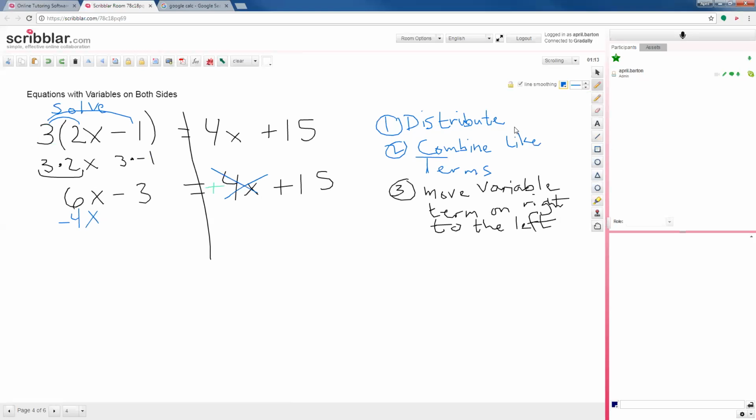So that makes it a little bit different, and we'll actually need to do the division step again at the end. But when you want to move the number and the letter, you have to do addition or subtraction. So our opposite is going to be add or subtract. It depends on what you start with. If this had been a minus 4x, our opposite would then be plus 4x.